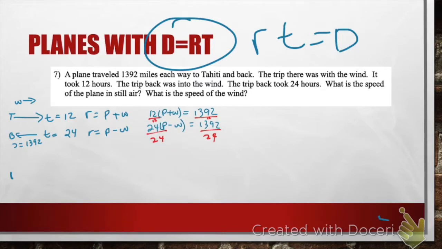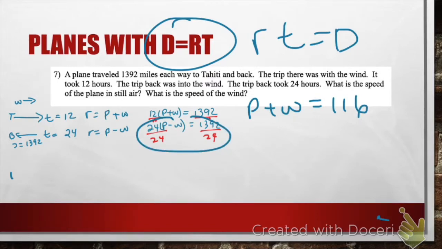So we're going to have P plus W equals 1392 divided by 12, 116. When we do the bottom one here, we're going to have P minus W equals 1392 divided by 24. That gives us 58.